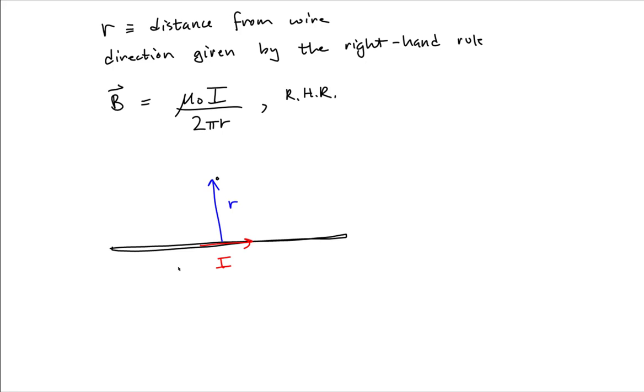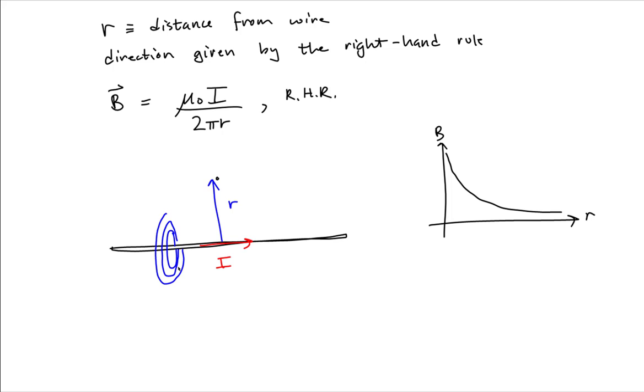and inversely proportional to the distance away from that wire. If we were to sketch this magnetic field as a function of distance, it would look something like this because of that inverse relationship. And remember, being a current-carrying wire, the magnetic field forms concentric circles. The closer you are to the wire, the stronger the magnetic field.